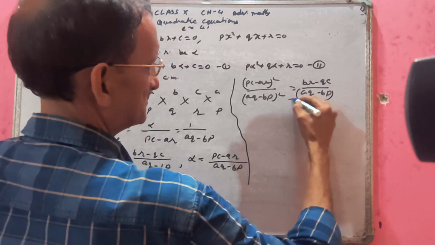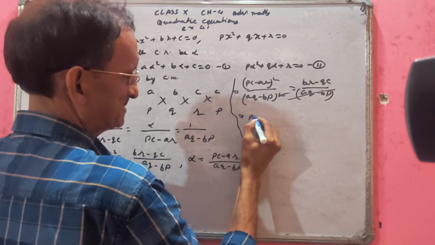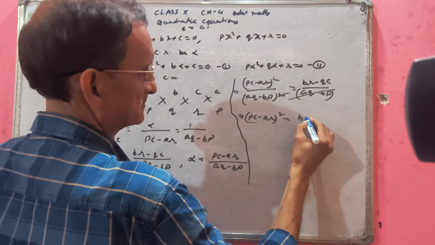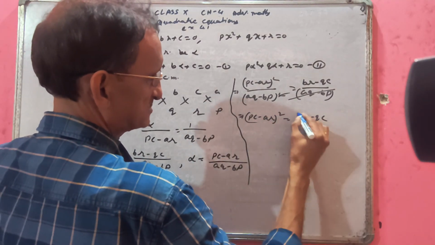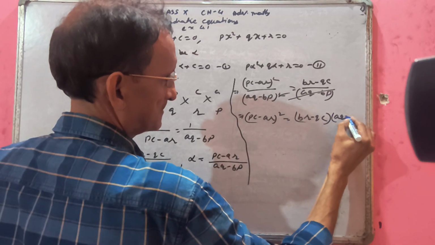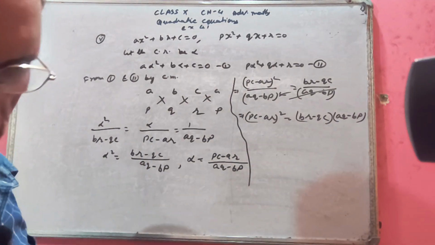So these are the same, only a square is already cancelled. So you will get pc minus ar whole square equal to br minus qc into aq minus bp. Now it just needs simplification.